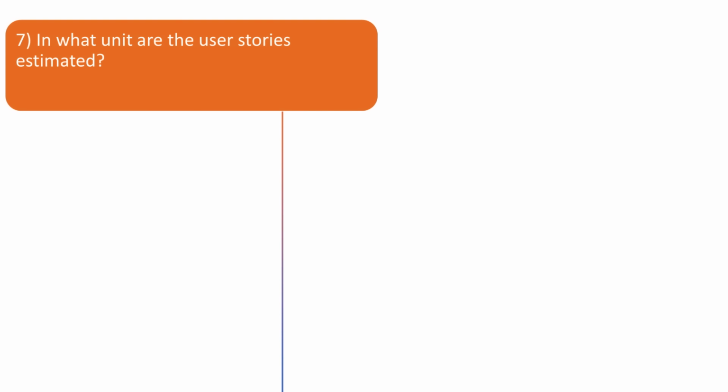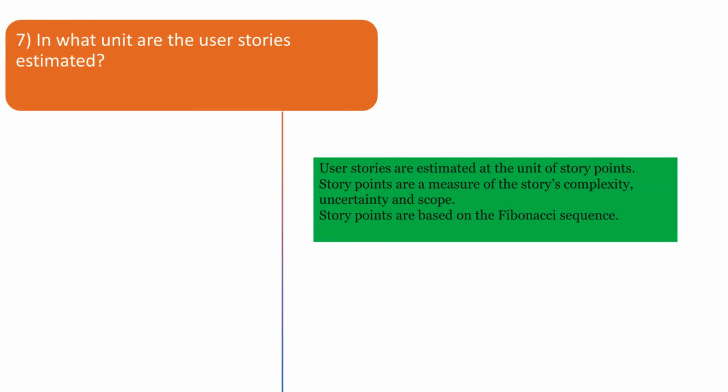User stories are estimated in the unit of story points. Story points are a measure of the story's complexity, uncertainty, and scope. Story points are based on the Fibonacci sequence.